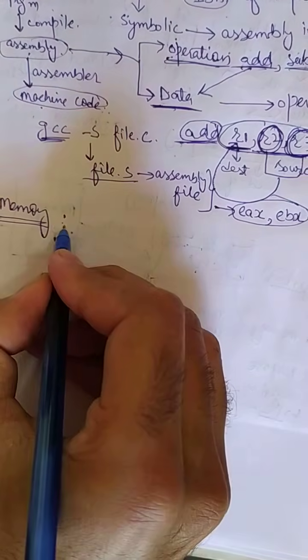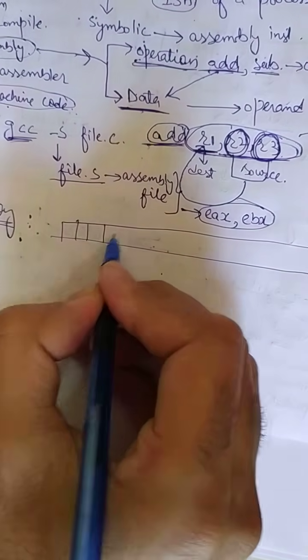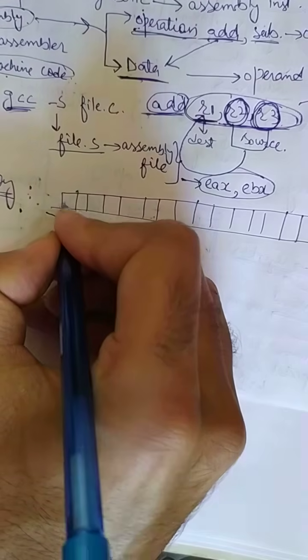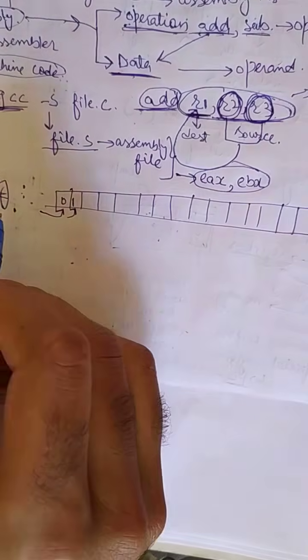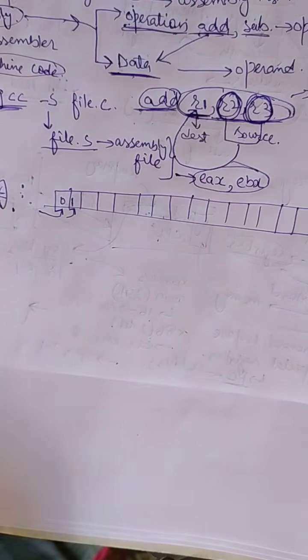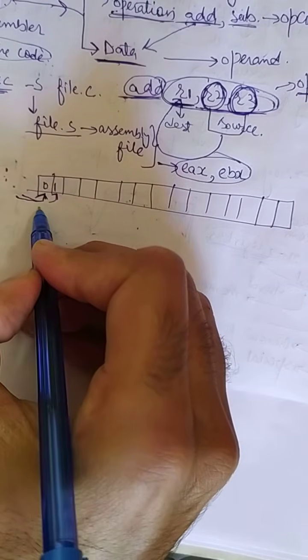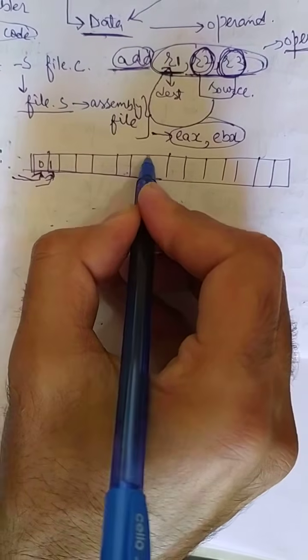So basically our memory is a large array of bits. For example, this is an array of bits, memory. Okay, and each location stores a single bit, 0 or 1. What almost every architecture does, instead of specifying a single bit, we are combining bits together into a single location.